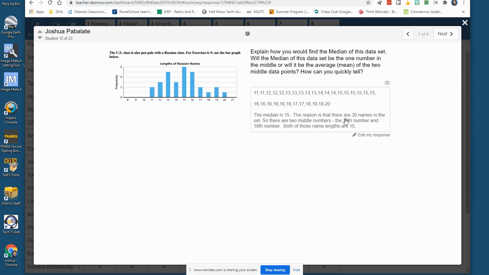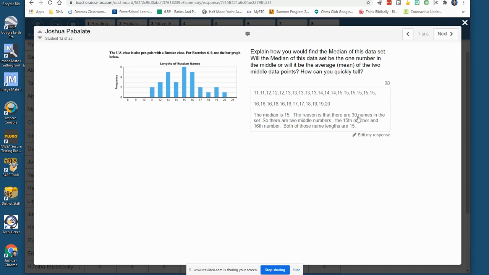The reason is that there are 30 names in the set, so there are two middle names, the 15th and the 16th. Both of those names have lengths of 15. I know there are two in the middle because 30 is even, so there's not going to be a single middle number.